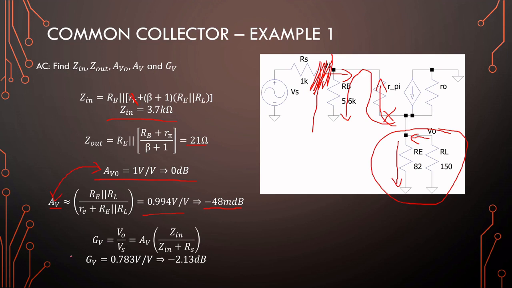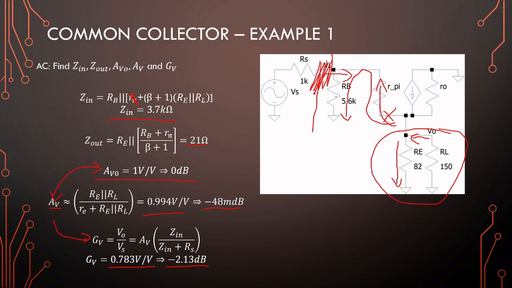AV0 and AV are almost equal to one another. The problem comes in when we are calculating GV. So now our input impedance and our source resistance play a role. So now we have a very large attenuation from input to output of minus 2.13 decibels.